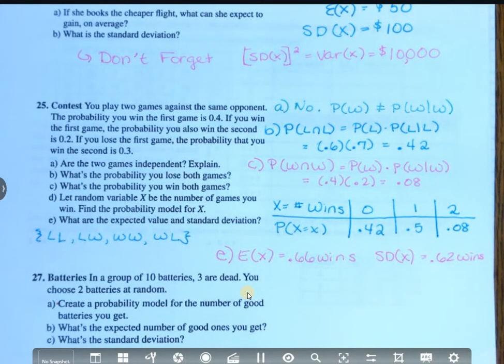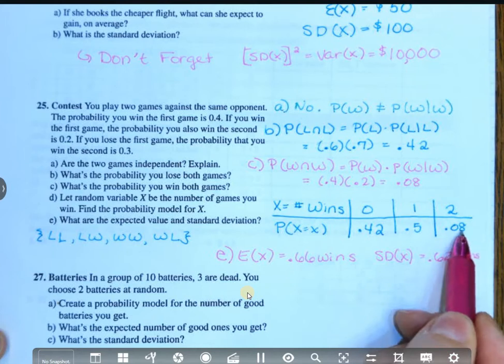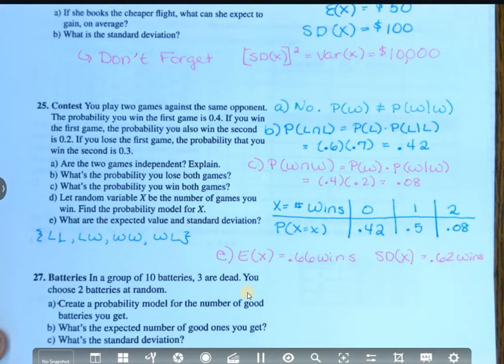Doing a little bit better with this? This times this, plus this times this, plus this times this. And then really it was just in the calculator, because I don't want to calculate standard deviation by hand. You could have done a tree diagram.